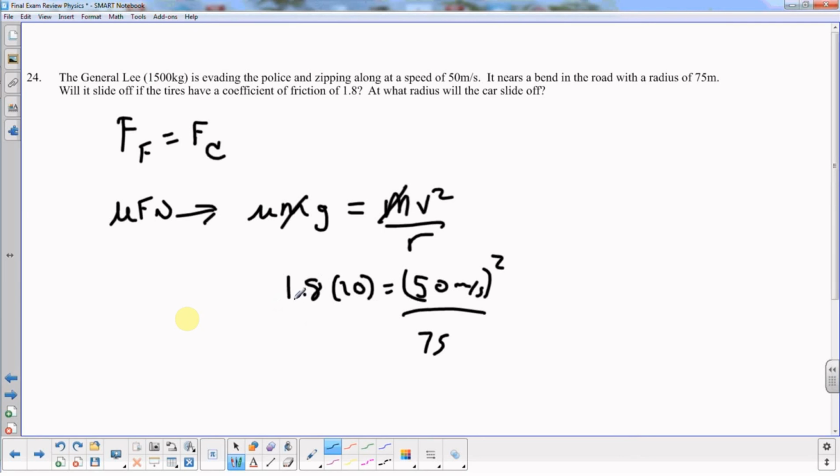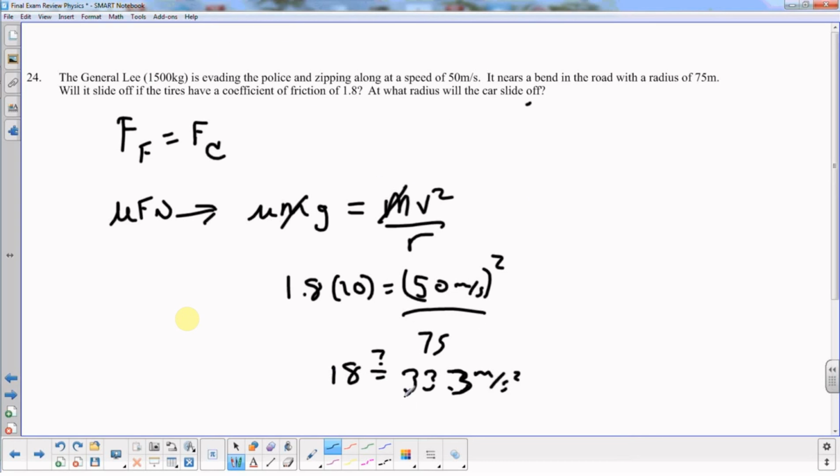So let's see. 1.8 times 10, 18. Is that less than or greater than 50 squared over 75? 33 1/3. So I need 33 1/3 meters per second squared to do my acceleration around that. My tires can give me 18 meters per second squared. So guess what, kiddies?